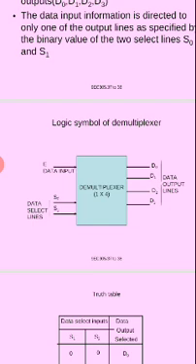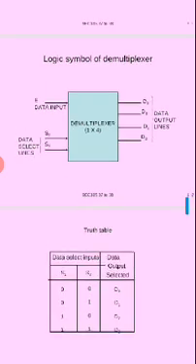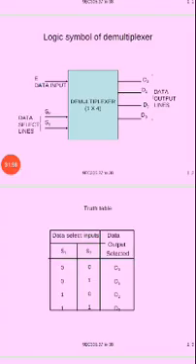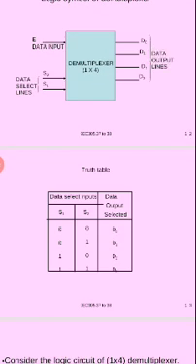Data output lines are D0, D1, D2, D3. Data select inputs S1, S0. Data output selected.